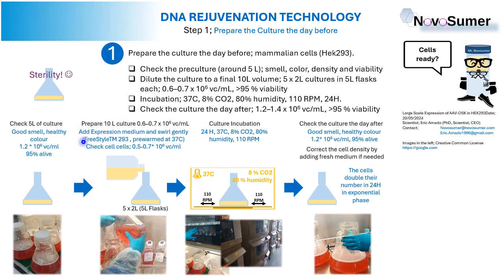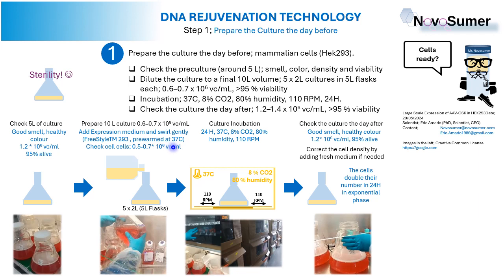Okay, so for this purpose, in order to dilute, we add more expression medium, pre-warmed medium, and after adding it, we swirl a little bit so that the cells distribute well across the culture. This medium is called Freestyle 293 and is pre-warmed.